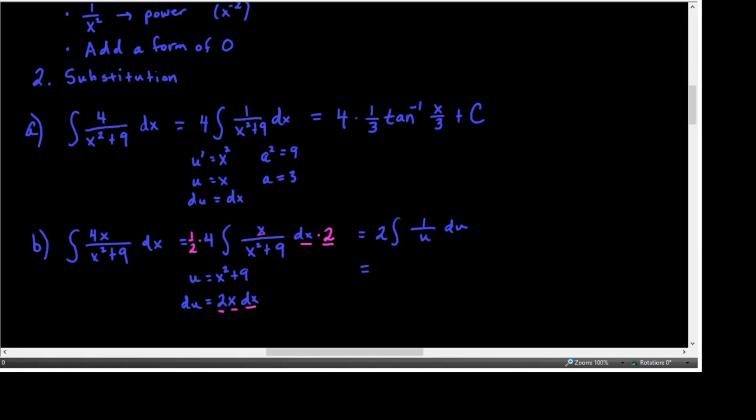And the antiderivative of 1 over u, this is number 5, is 2 times the ln of the absolute value of, please don't forget the absolute value in this problem, of u plus c. Then going back to the original variable, that's 2 ln of the absolute value of x squared plus 9 plus c.